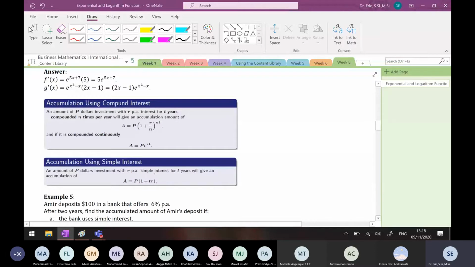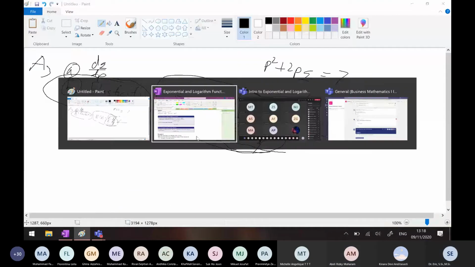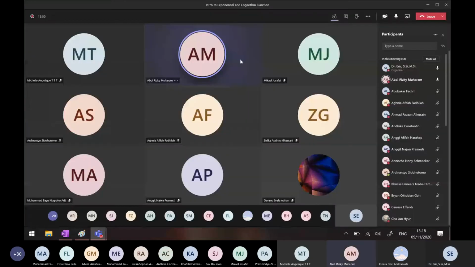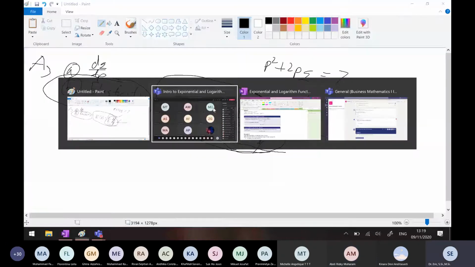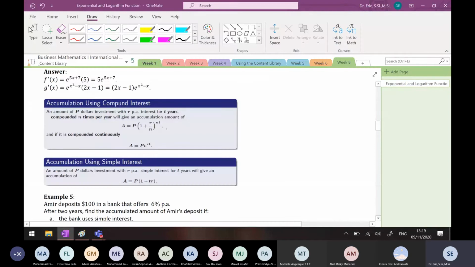The main difference between compound interest and simple interest: when we are dealing with compound interest, the interest gets interest, bunganya berbunga.